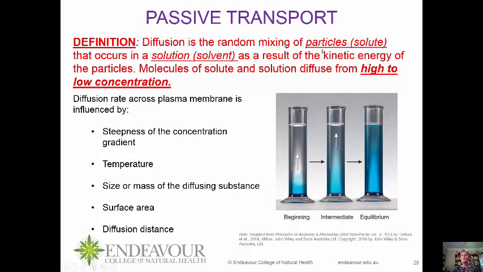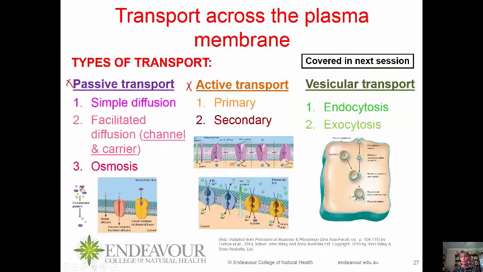Now, molecules of the solute, which is the particles, and the solution diffuse from high to low concentration. So always in passive transport, which is to do with diffusion, okay, it moves from a high concentration to a low concentration. And if we go to the previous slide, you'll see from a high concentration to a low concentration.